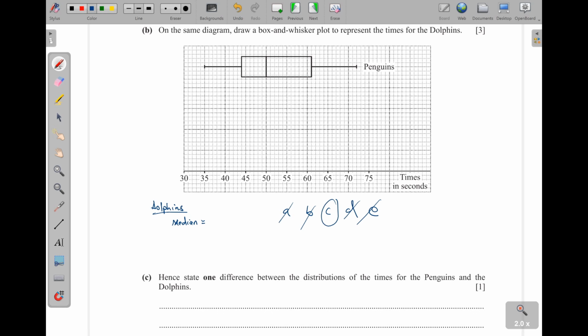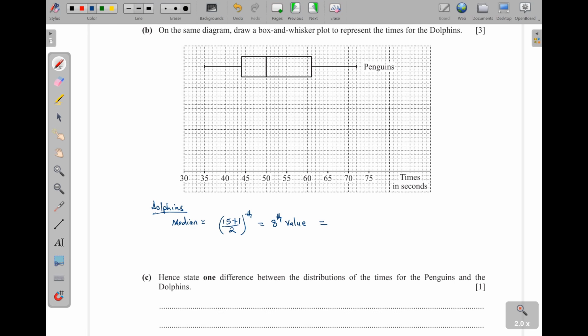But this is the third value out of the 5. But this 3 comes from 5 plus 1 divided by 2, right? So that means I will just get my 15. I add a 1 first, then I divide by 2. So it will be that 8th value. So then we shall go there and then put it. We get it from our diagram.